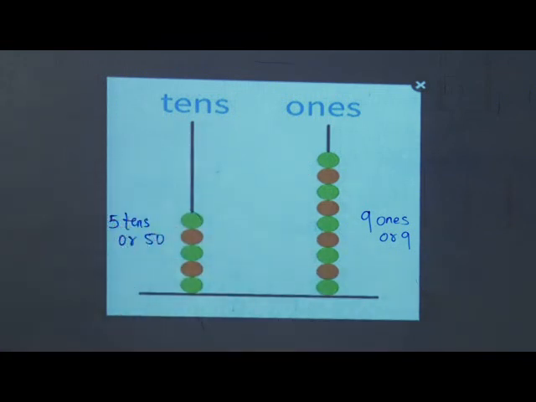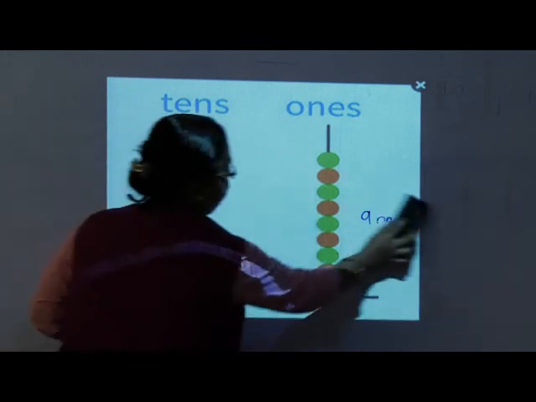Okay, in this we have seen 2-digit numbers. Now we will see 3-digit place value.